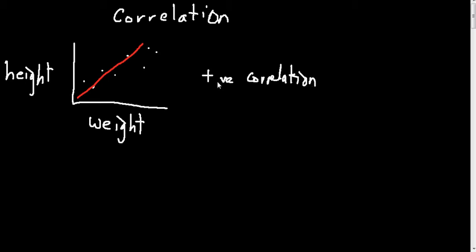Right. Let's look at an example where you'd get a negative correlation. Let's just say you had to do a test tomorrow, and you went to bed, and you had a certain number of hours of sleep.